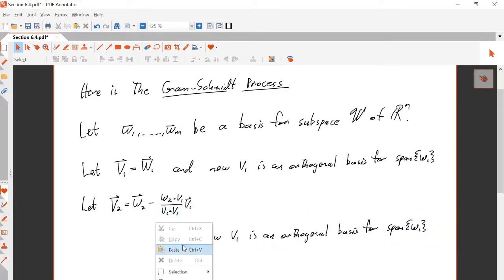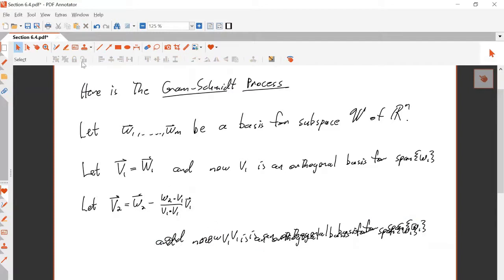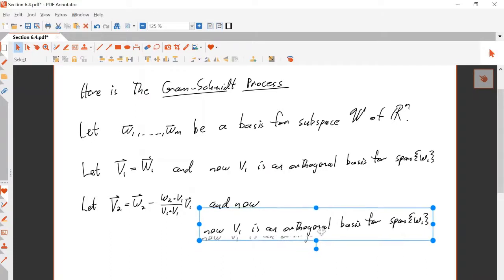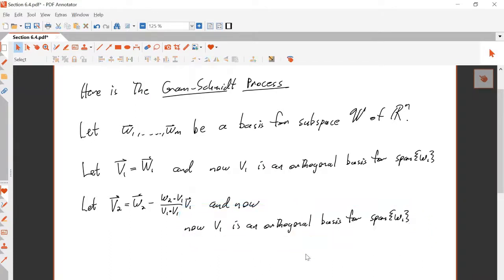And now V1, V2 is an orthogonal basis for span W1, W2.